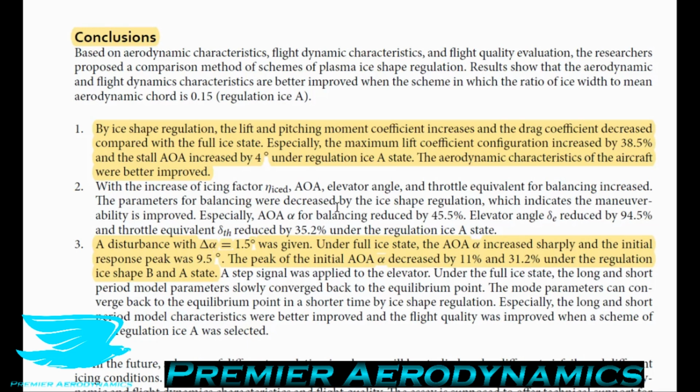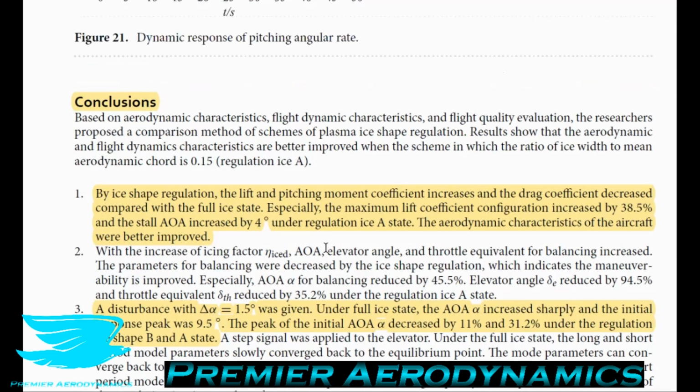However, when you have de-icing to some extent, the maximum angle of attack that it will pitch to with this perturbation of 1.5 degrees initially decreases by 31.2% and 11% for the A and B ice shapes. So much better. So overall, we can conclude that de-icing, especially by plasma generators, is quite beneficial for safety of the aircraft, not only performance, but safety as well.